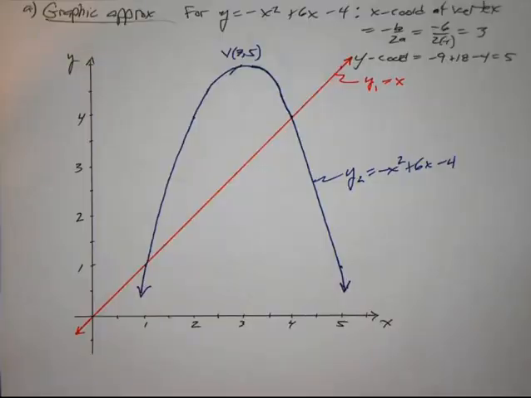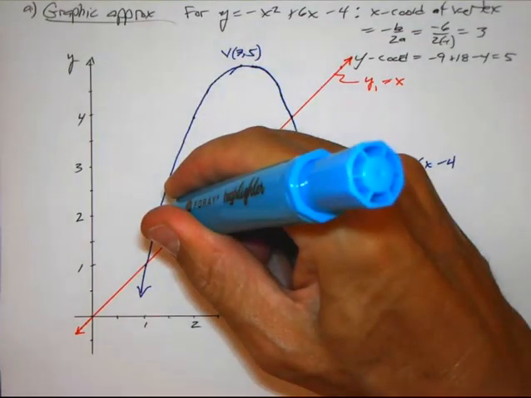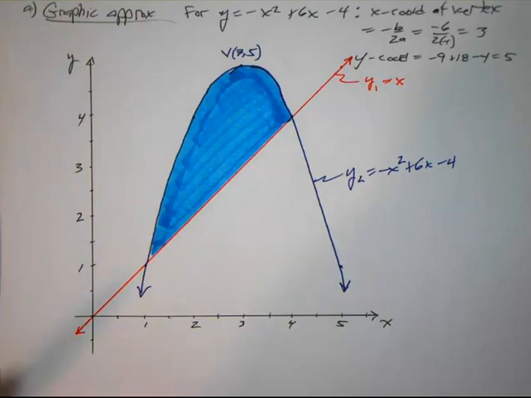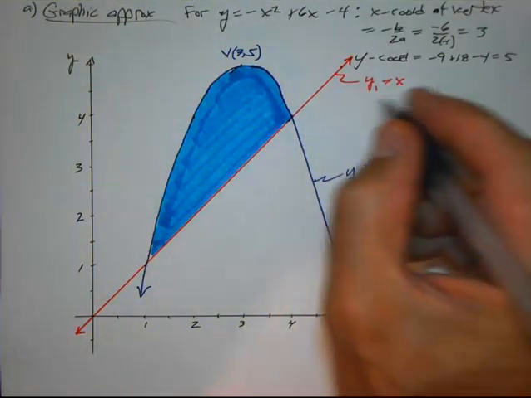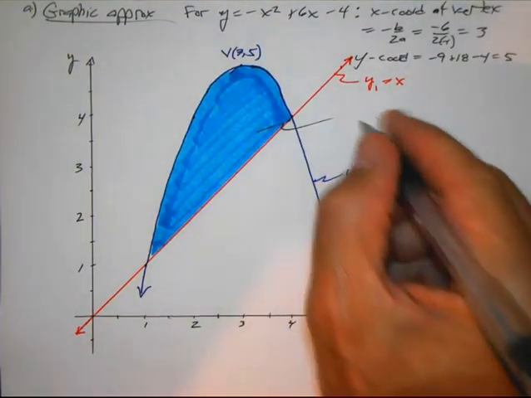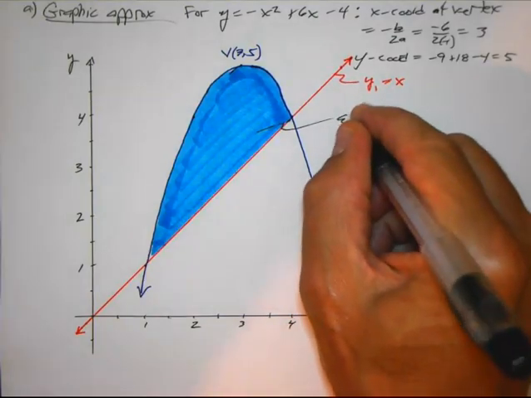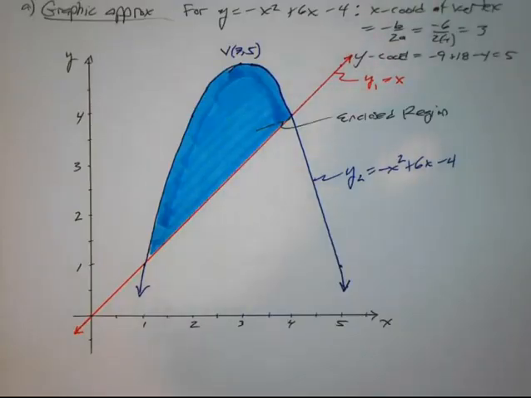Now it's evident that the enclosed region is right in here. Want to give that some shading and label that, so that anyone looking at my graph can know exactly what's going on. Here we have the enclosed region. Now I want to provide a graphic approximation for the area of this enclosed region.